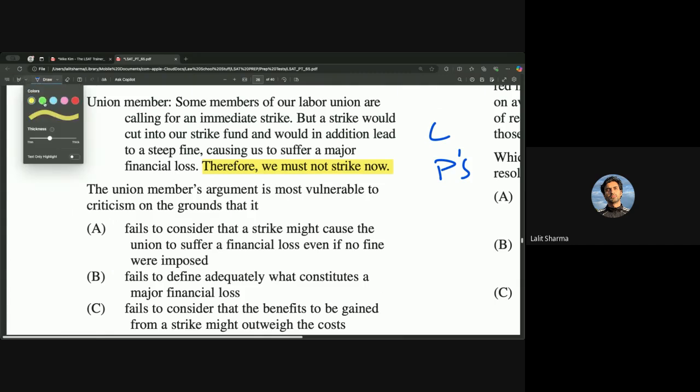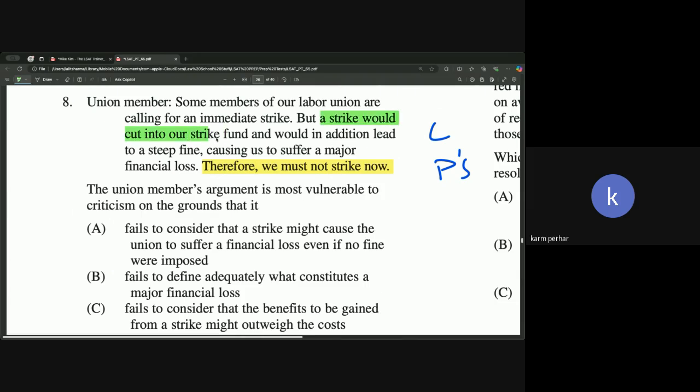And then a strike would cut into our strike fund and would in addition lead to a steep fine, causing us to suffer a major financial loss is the premise. Yep, exactly. And then this first one is just the other people's opinion.